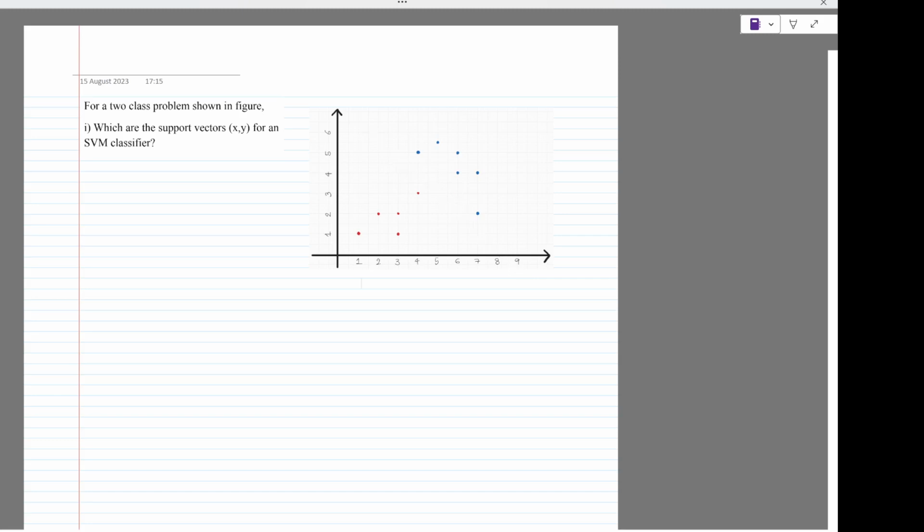Maybe a good way to draw it will be to consider the midpoint of these two. Okay, this will be our decision boundary. And these are our support vectors, right?